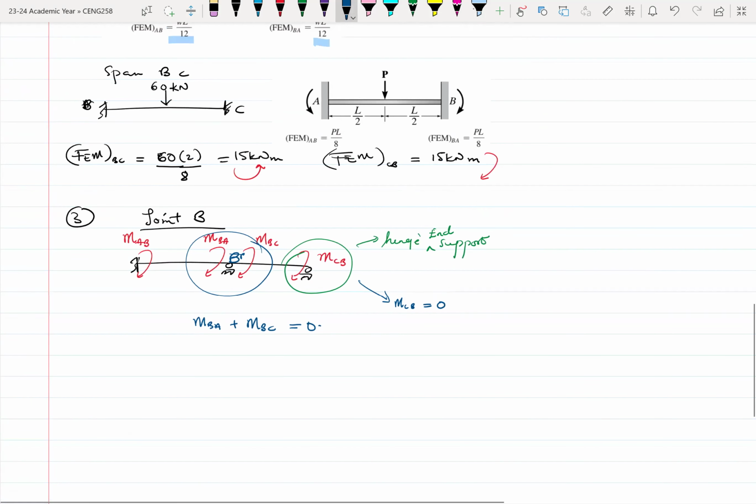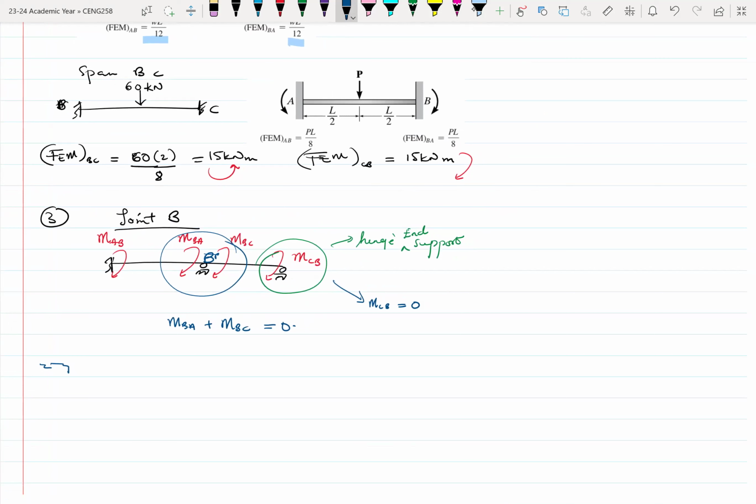Okay. So once we know all of these, now we write the slope deflection equations. So you formulate equations based on MAB, based on MBA, based on MBC, based on MCB, right?